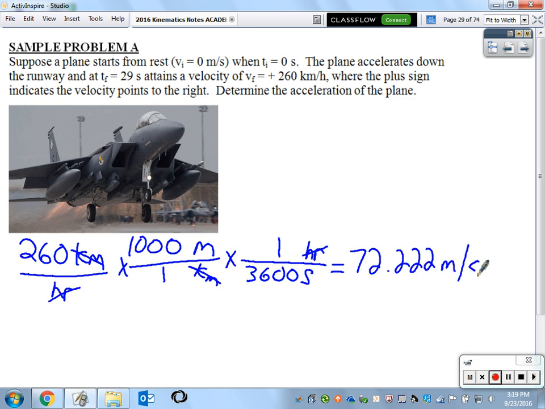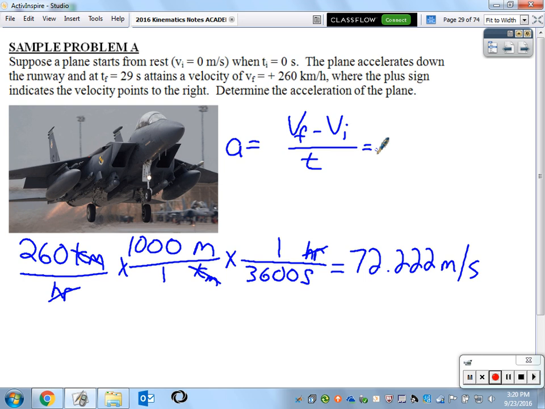Absolutely, 72.222 meters per second. So that is that value expressed in meters per second. Now we can do our acceleration calculation. I'm going to change things just slightly from what you've seen previously. Now, t by itself technically stands for a duration of time.